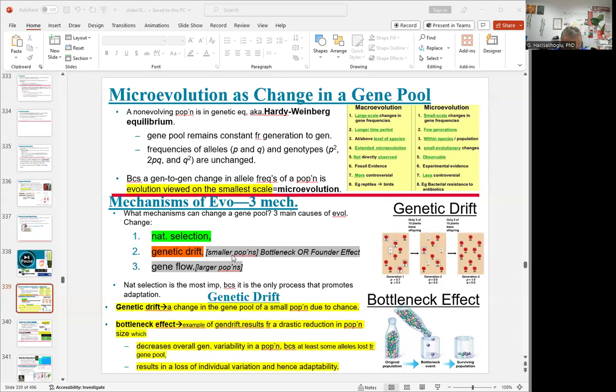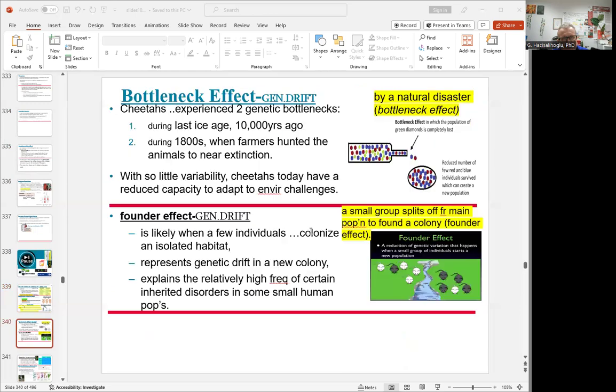These are all mechanisms of evolution. Under genetic drift, also make sure you look into the bottleneck effect, and specifically how the bottleneck effect works, and also the founder effect, for example birds crossing the river to the other side, where they can start a new population. So this is chapter 11.